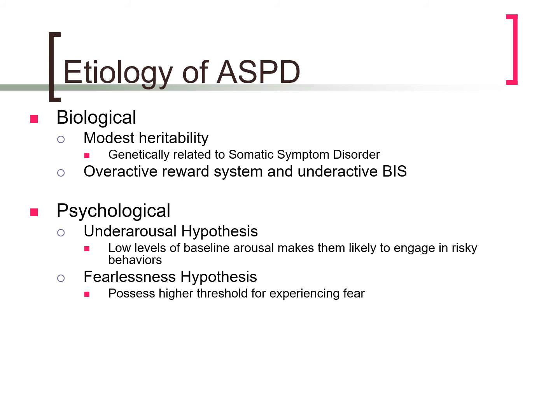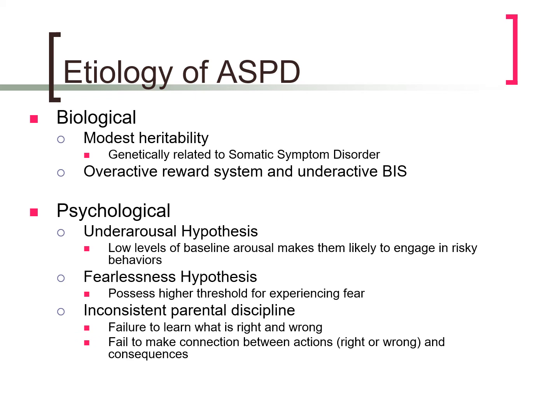The last theory involves inconsistent parental discipline. It is thought that the parents of kids who later grew up to have antisocial personality disorder showed inconsistent discipline, such that the kid never actually learned right from wrong and never learned that bad behavior is associated with negative or aversive consequences.